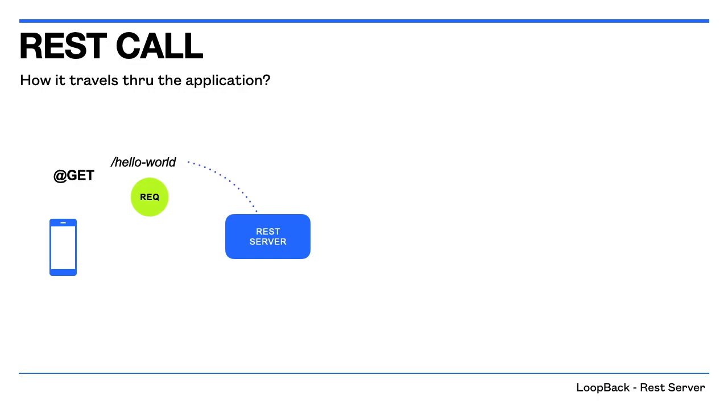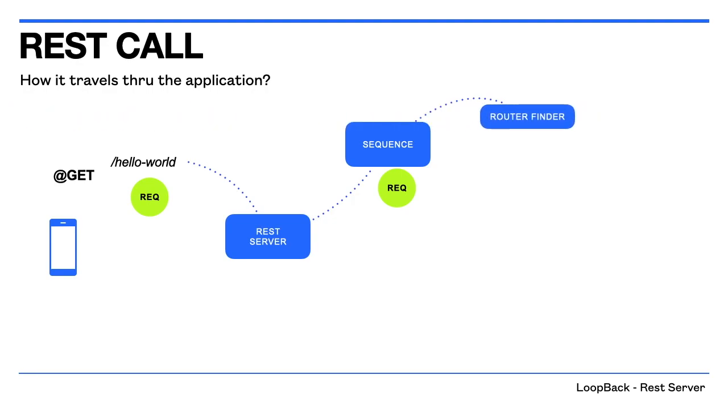But the REST server is going to be sending this request into a sequence. Okay, so the sequence is a series of steps that can be executed. It's a sequence of steps. So the first step is going to be the router finder, and well, the name implies the action in this case, right? So it's going to be trying to find the route internally to the /hello world.